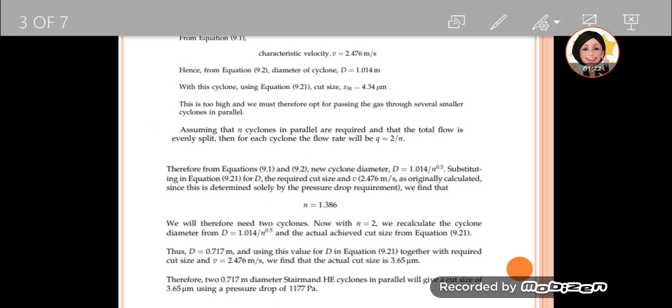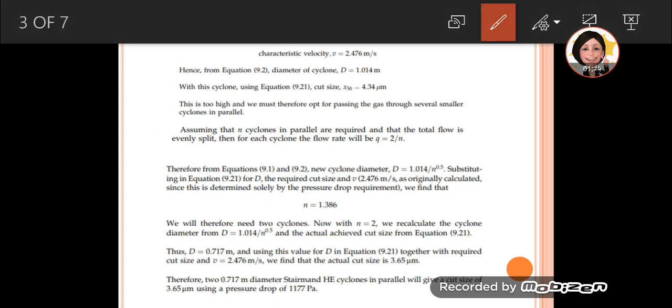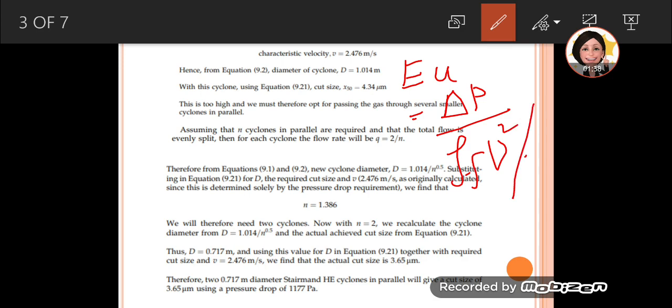We can use the Euler equation from equation 9.1, so Euler equals total pressure drop over density times V squared over 2.